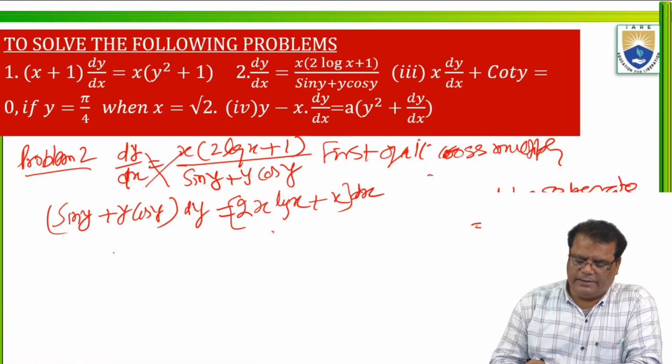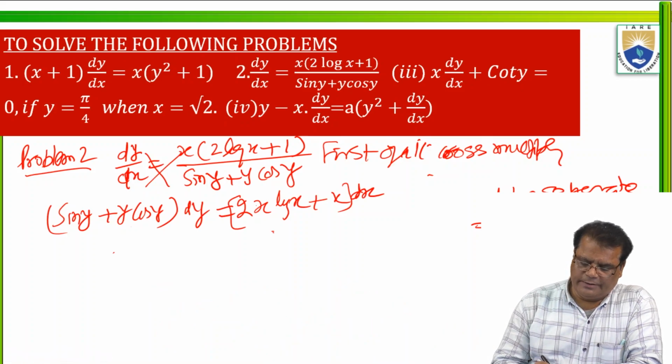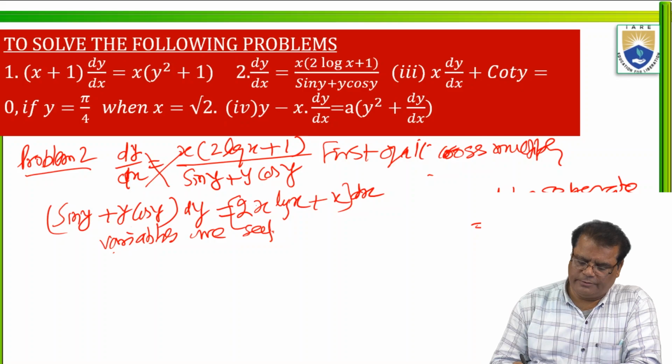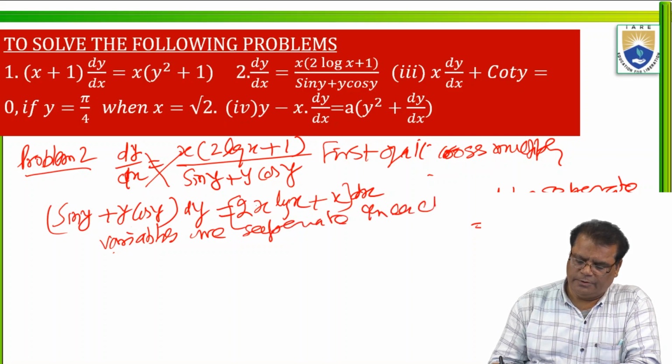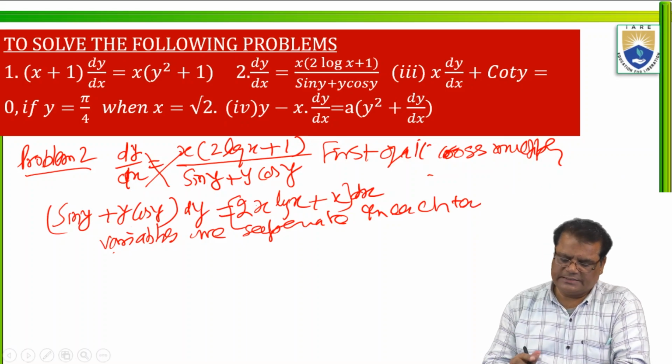Now the variables are separate in each term.